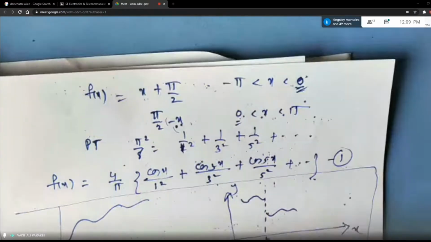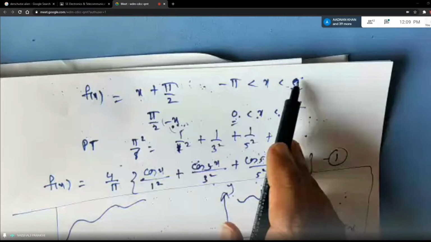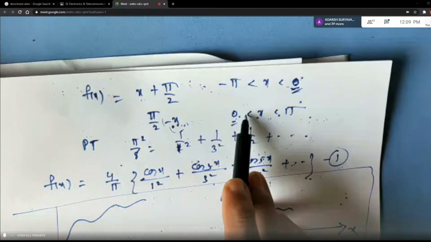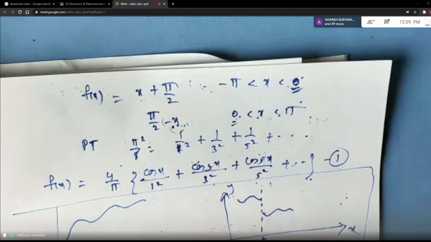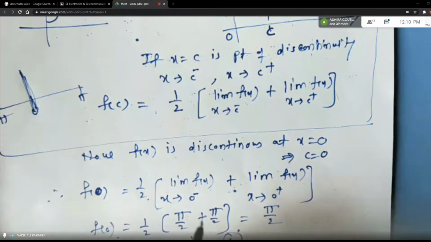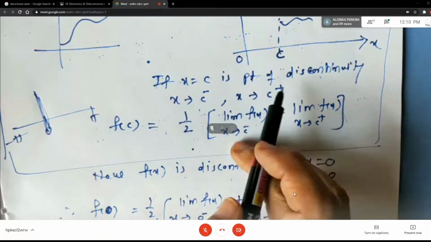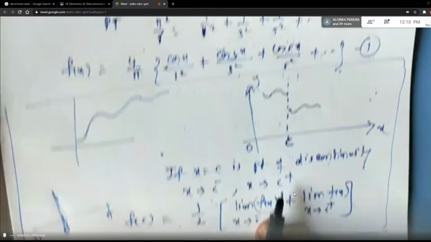then if the function is divided in two parts, you have to think that this is the point of discontinuity. At this particular point, the function is discontinuous. And therefore, the formula for f of x is half, that is the mean of these two limits. From where do you take this f of x? From the first interval, before 0.